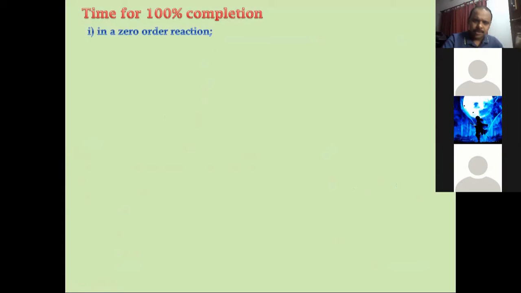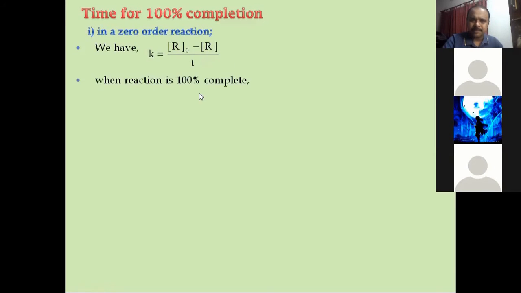Correct, no? So we have the integrated rate equation: k = (R naught minus R) by t. When the reaction is 100% complete, what is R? R is the remaining concentration of the reactant. It will not be there, because there will be no remaining concentration when 100% completion has already taken place.